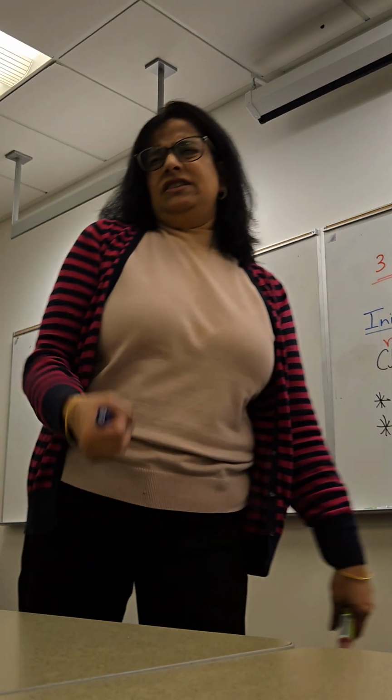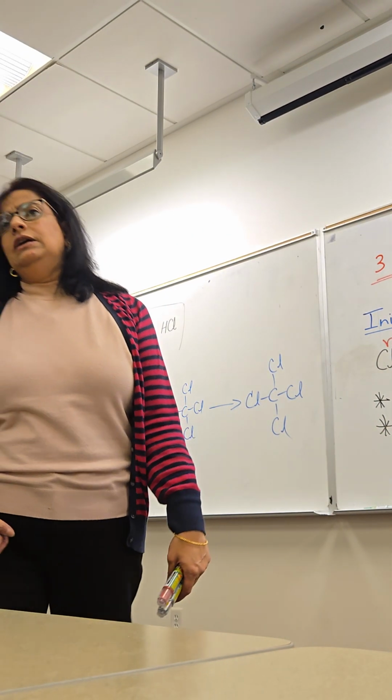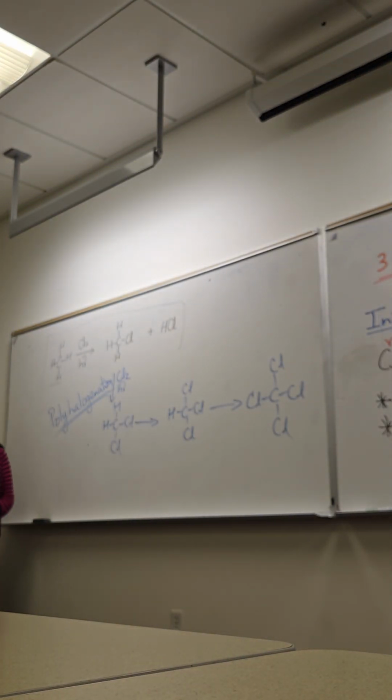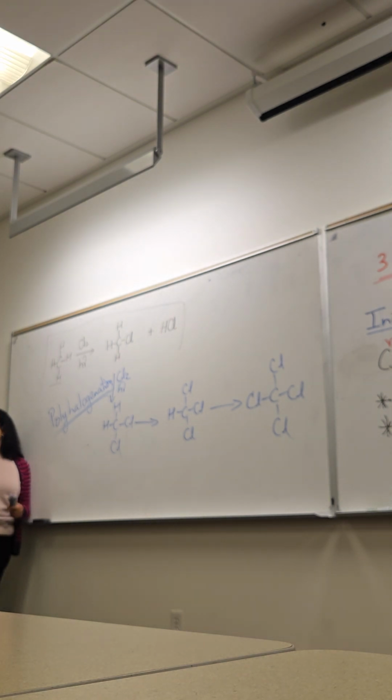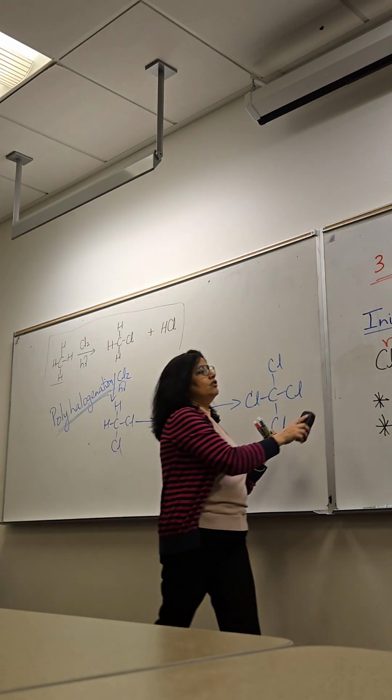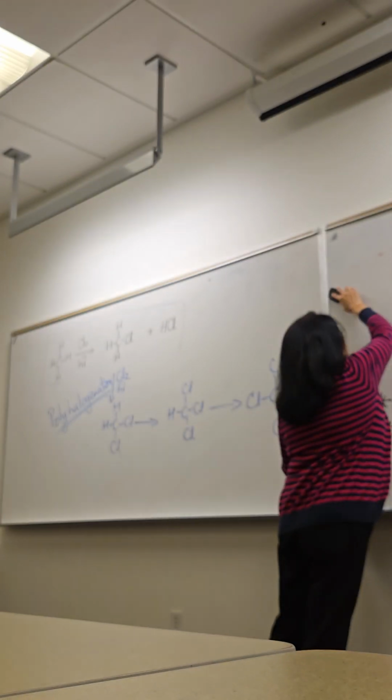It's a limitation, a disadvantage of this reaction. But from now on, whenever we talk about halogenation, we will only talk about monohalogenation, only putting one halogen on a molecule. Are we good, everybody? So we are ignoring the possibility of polyhalogenation.